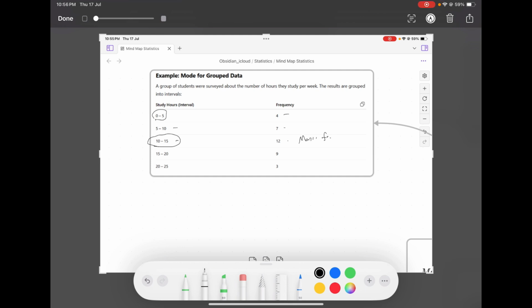For this case you can use the formula. We have seen the formula earlier.